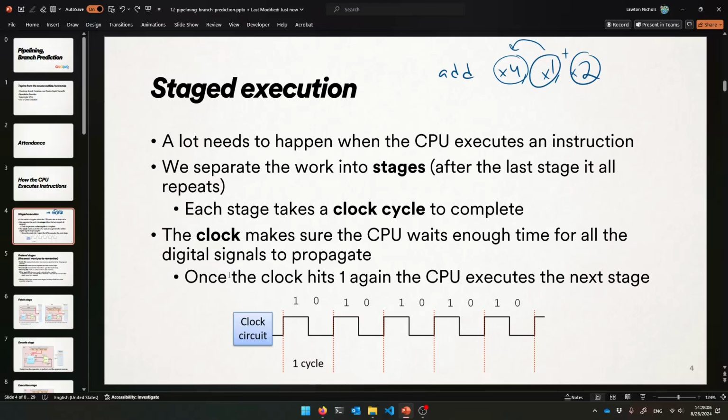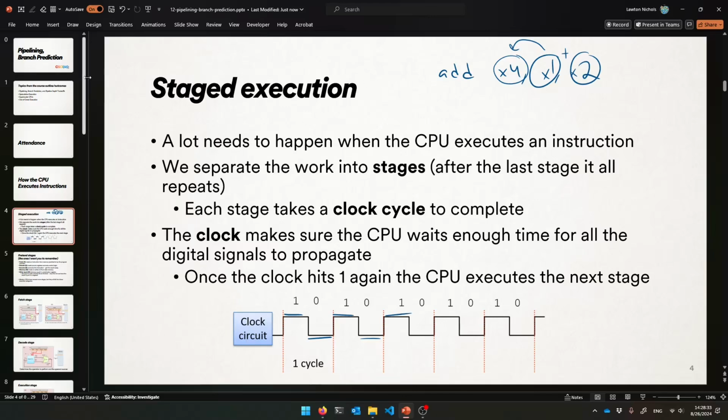Can't go any faster than that, otherwise the electrons will not have made their way to the register to actually save the new value in it. So it's kind of like a waiting amount of time, and that lets everything propagate, and everybody's waiting for the next signal. Once the clock hits 1 again, it's time for the next stage of our CPU pipeline. Everybody's waiting for that one there. Okay, I hope that makes sense.